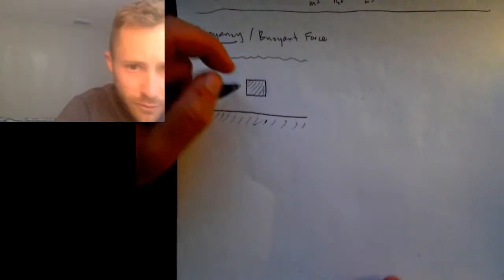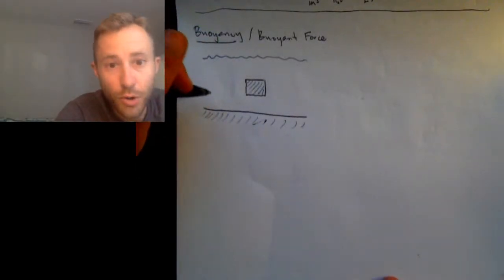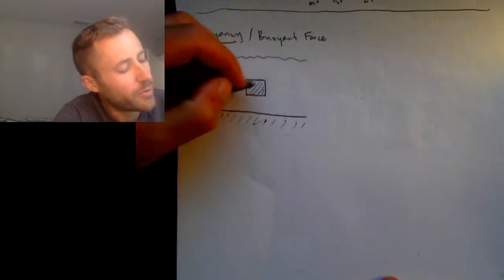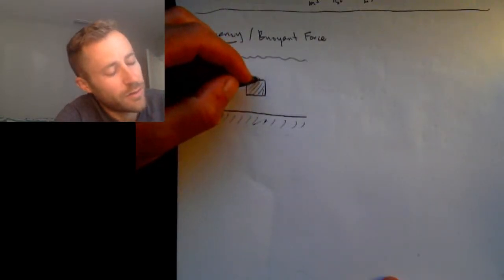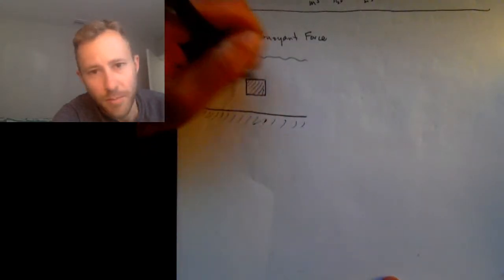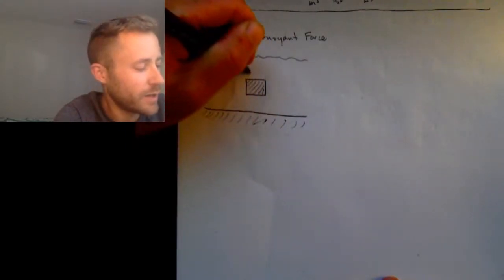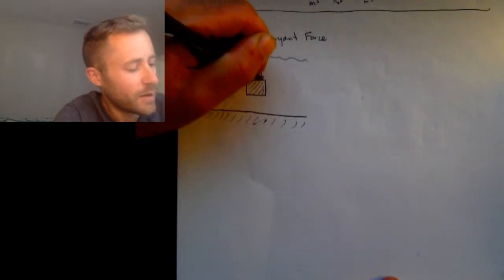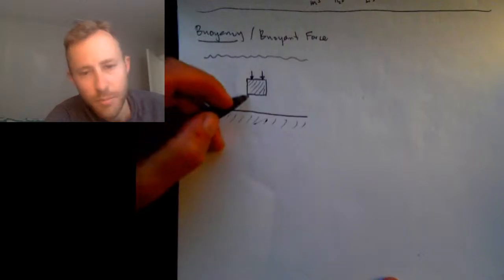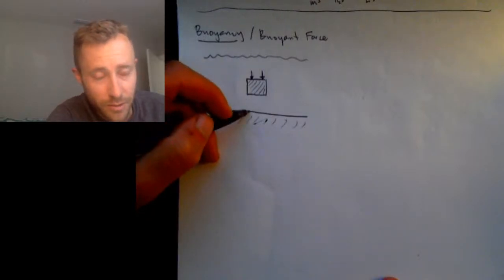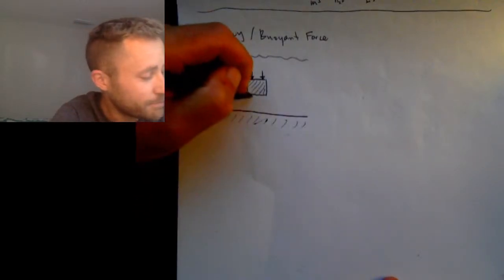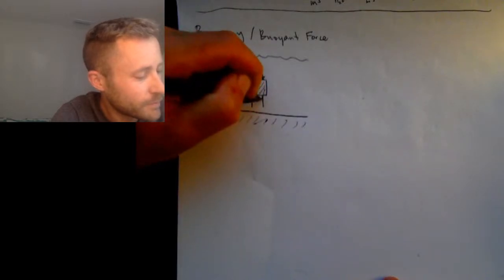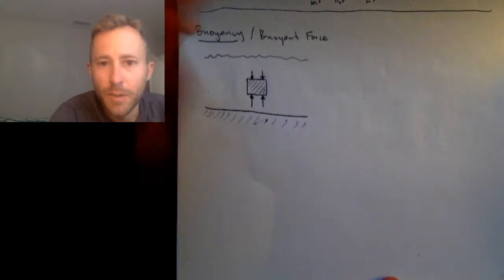Now that object is being pushed on by the fluid. In particular, the pressure on the top is pushing the object down, and the pressure at the bottom of the object is pushing the object up. But here's the thing.